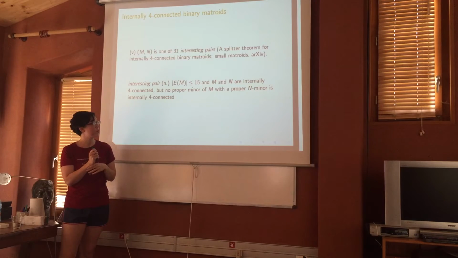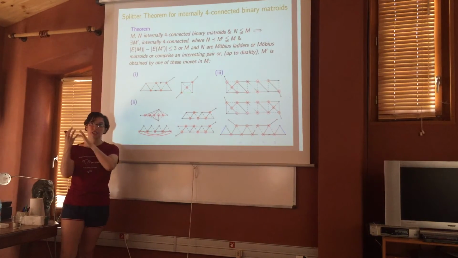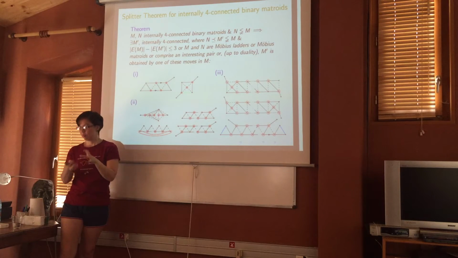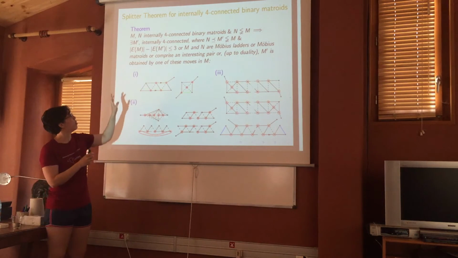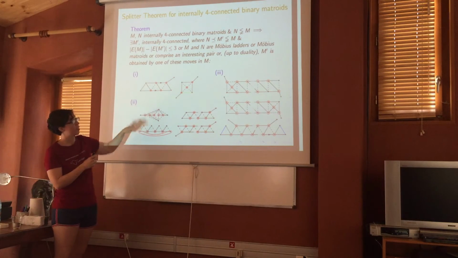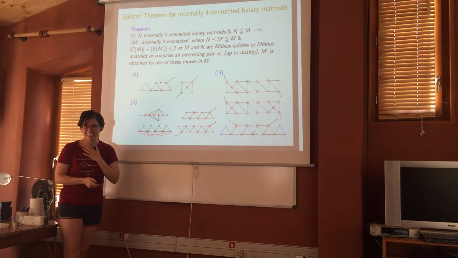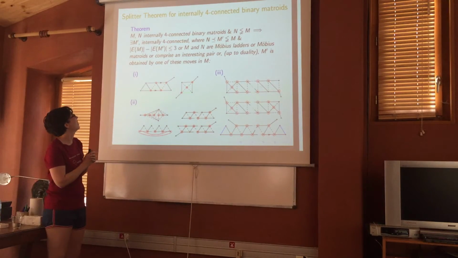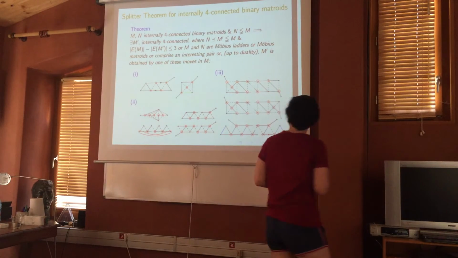small matroids. So if we take parts 4 and 5 and stick them into the statement of the theorem in a slightly different way, then you're able to fit the whole theorem onto one slide, which is a nice thing to do. So here's the statement of the theorem in all its glory.